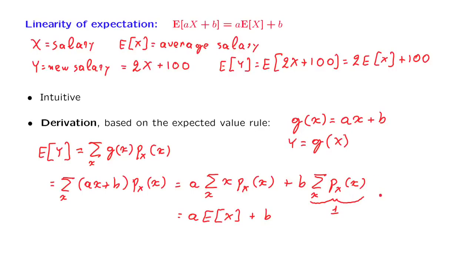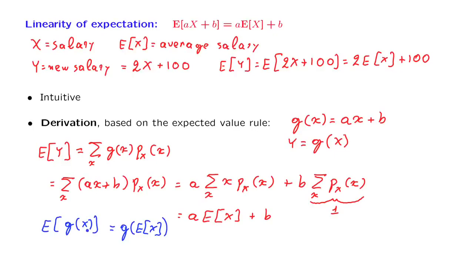Notice that for linear functions, the expected value of y, which is the expected value of g of x, is the same as g of the expected value of x.